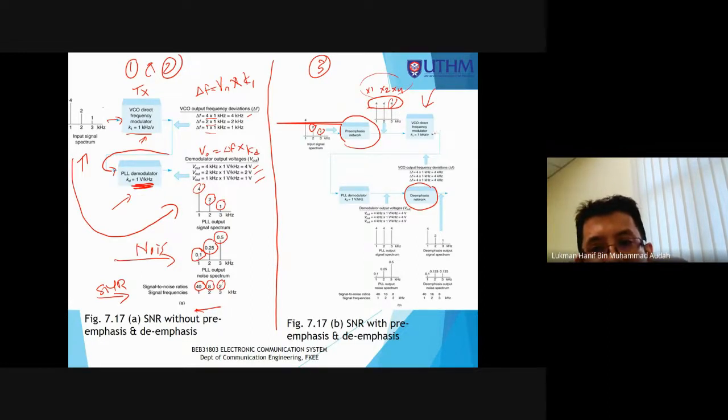So the VCO output gives delta F: 4 kHz, 4 kHz, 4 kHz, 4 kHz. Transmit to the receiver.